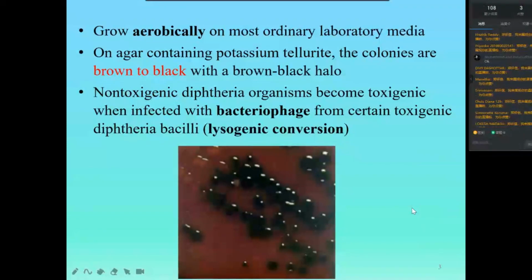On agar containing potassium tellurite, one of the tellurite salts, the colonies are brown to black, usually with a brown or black halo around the colony. That's because on medium containing this special chemical, they can produce some black material, and that material is diffusible.